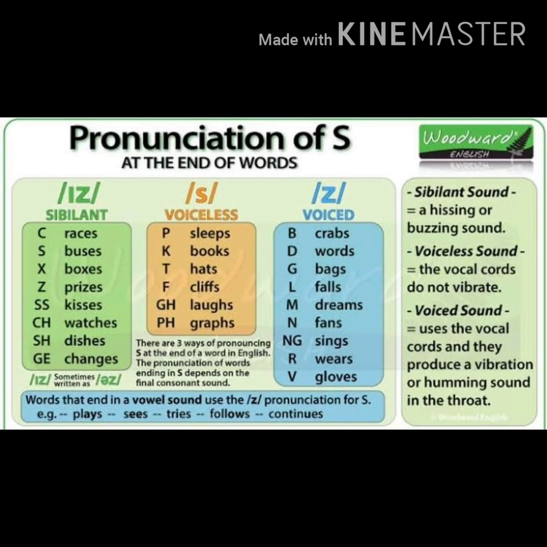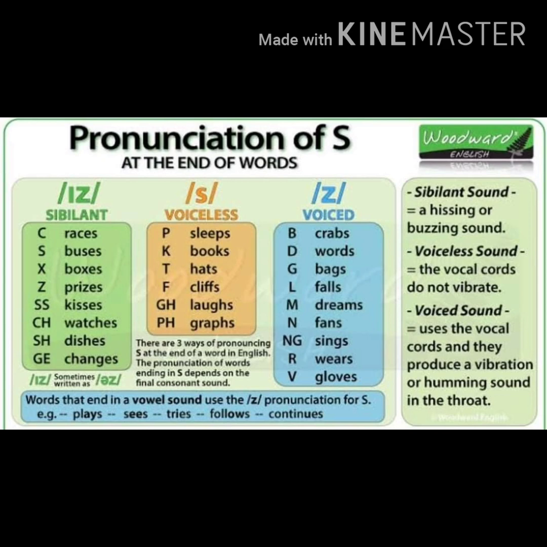Fortunately, we have rules here. So if the verb or word ends with C, S, X, Z, double S, CH, SH, or GE, we pronounce it as iz. So we say races, buses, boxes, and so on.